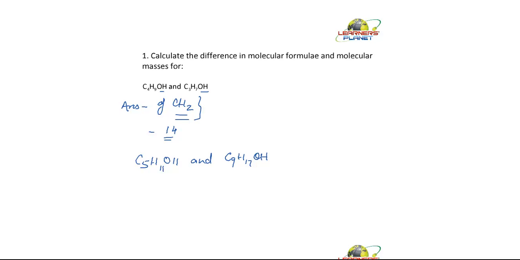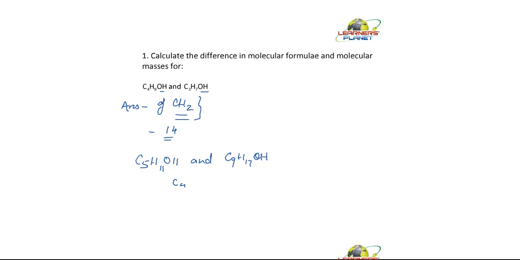Then here students, you can see that these also belong to the same homologous series. You first try to find out the difference in their molecular formulae. What is the difference between them? How many carbon atoms are more? The difference is C4. And how many hydrogen atoms?